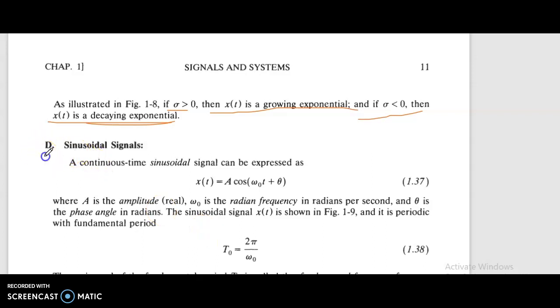Sinusoidal signals. A continuous time sinusoidal signal can be expressed as x of t equal to A cos of omega naught t plus theta.